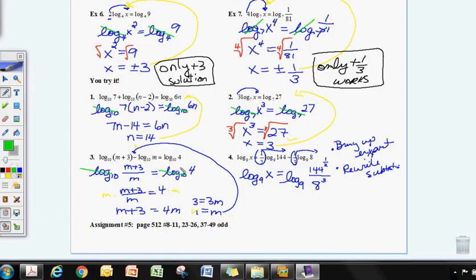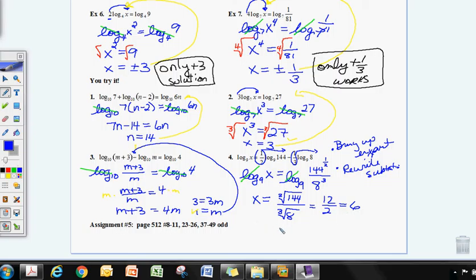Okay, so the new stuff for today, log, gone. Got it. I am left with x equals, oh, I don't like this power. We talked about this. Remember the root of the exponent? This is the square root of 144 over the cubed root of 8, which turns out to be 12 over 2, which is 6.